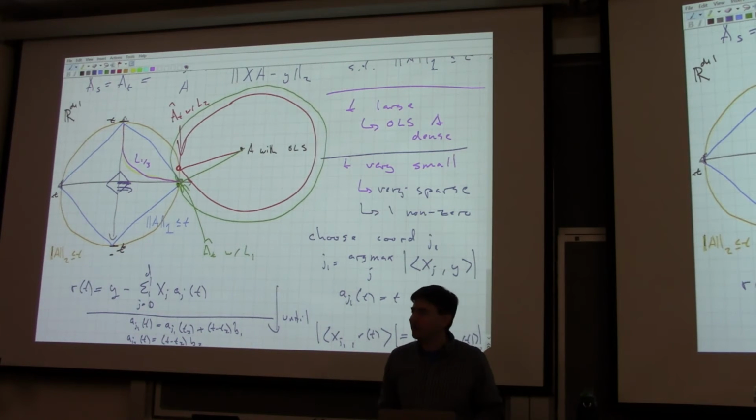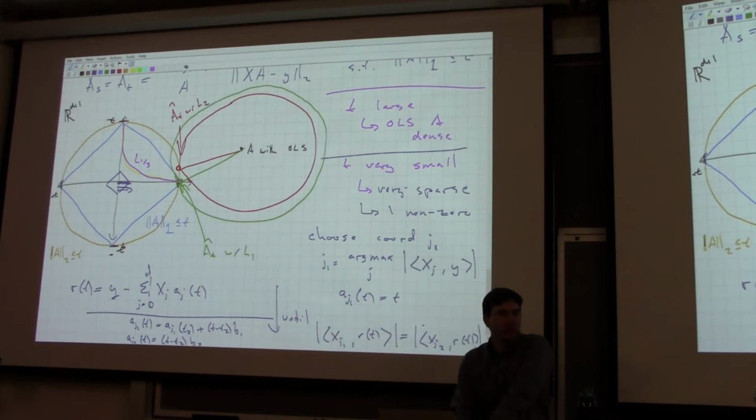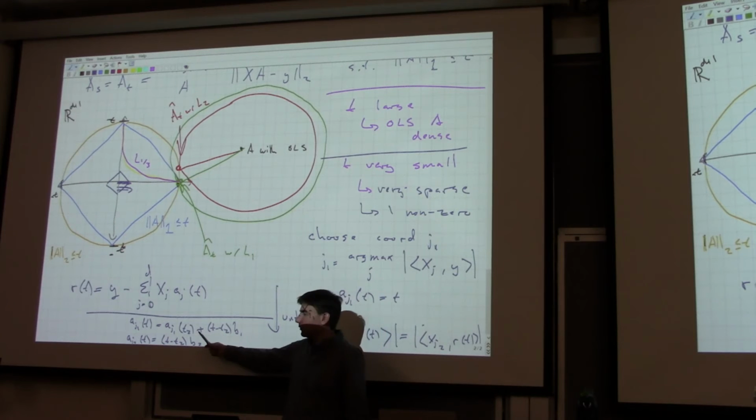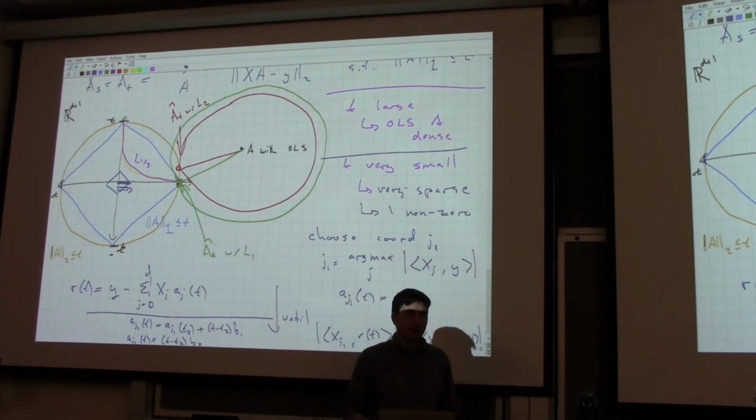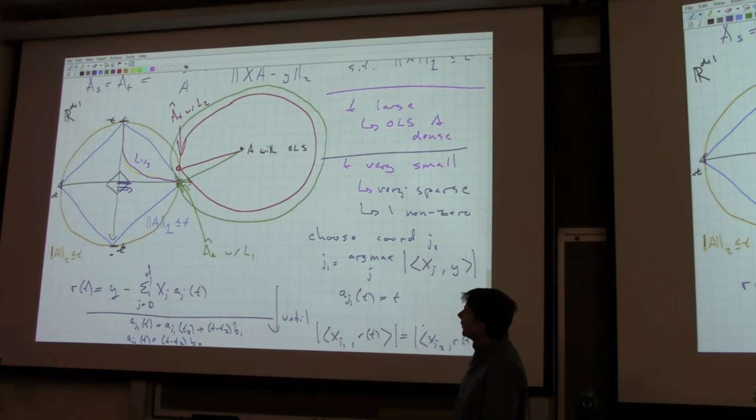Right, so again, what value of t did you want? Well, the good thing is you solve this in the process. You solve this for all values of t, basically until things stop improving.